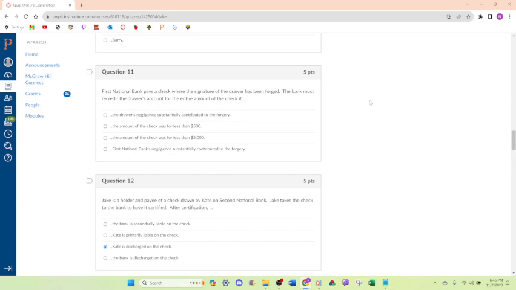Because pays check, the bank must refund. Okay, so in this situation, the bank... No, I'm pretty sure it must recredit the drawer's account in any situation here.